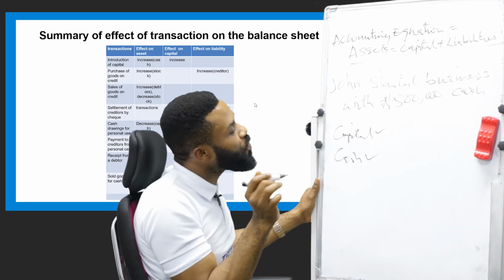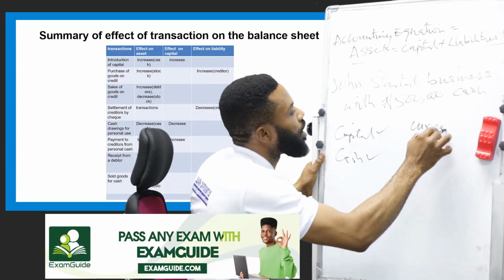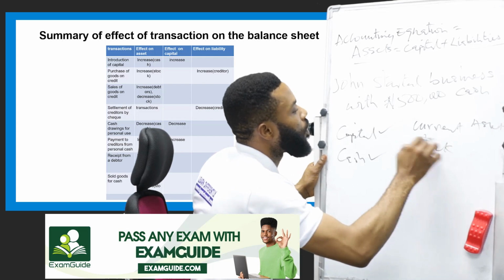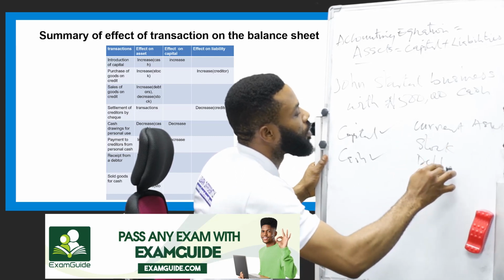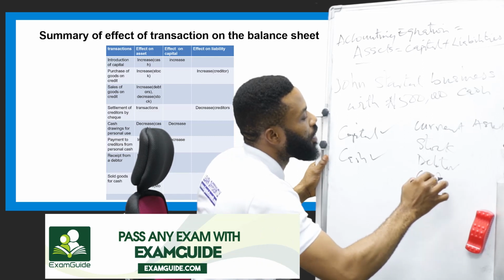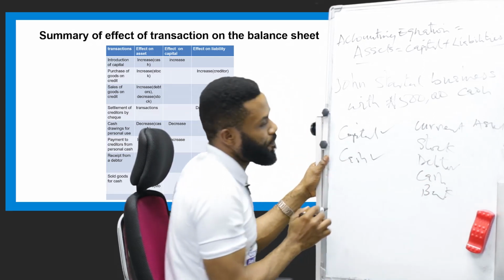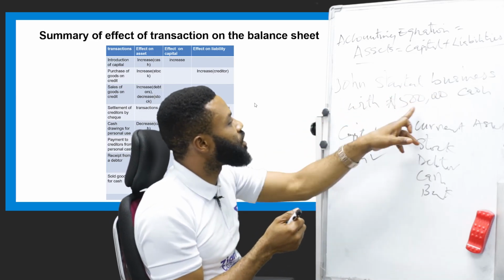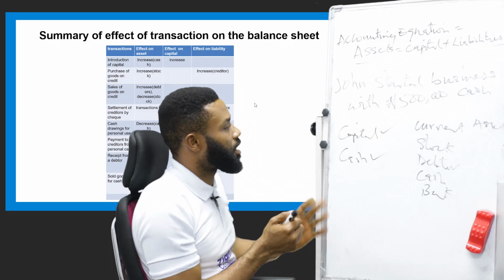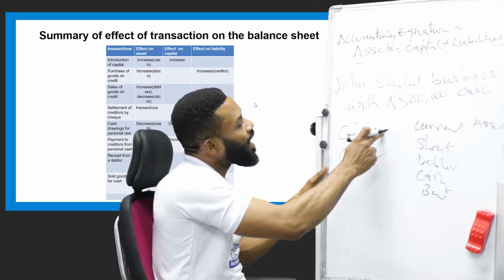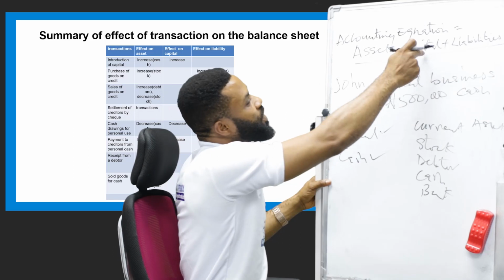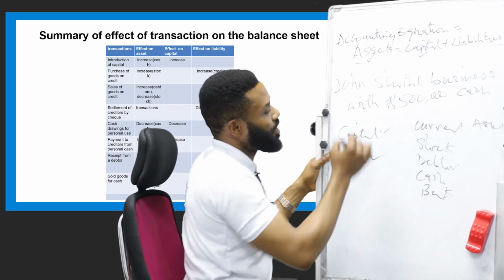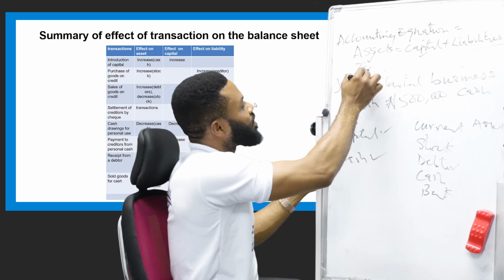Then you ask yourself, when we talk about current assets, we mention stock, we mention debtors, we mention cash, and then we mention bank. So in this case, when John started business with 500,000 cash, that means capital has increased. So capital is affected, and the asset is affected. What part of asset is affected? Cash.